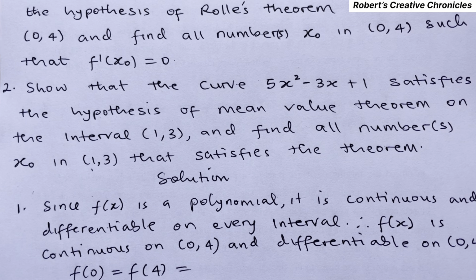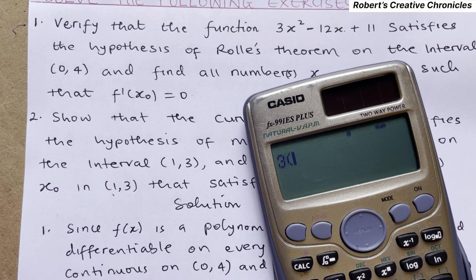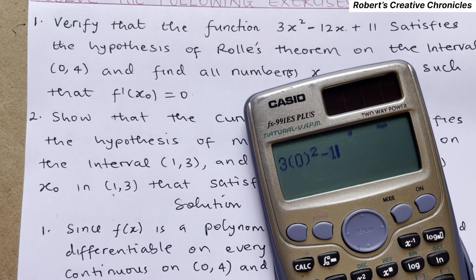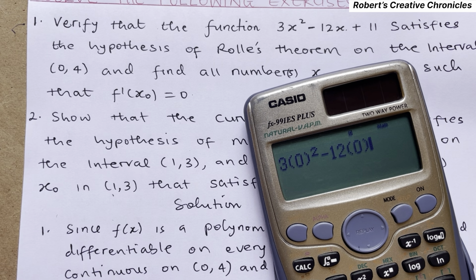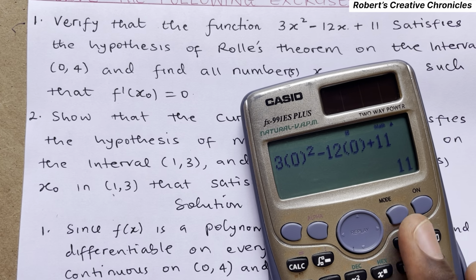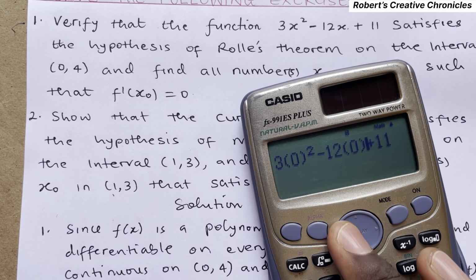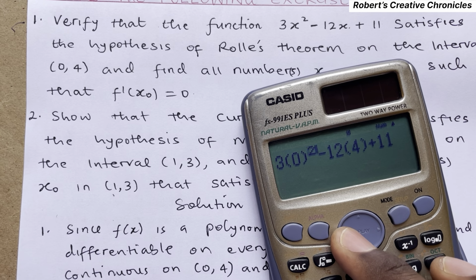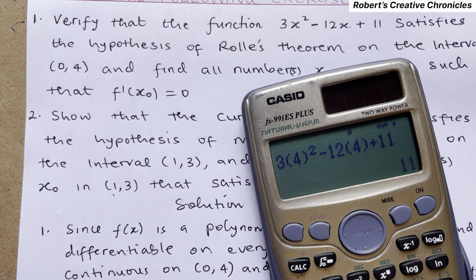So let's do that. 3 times 0 squared minus 12 times 0 plus 11 is 11. The answer is 11. Now if we substitute 4, it should also give us 11. You see, 11.